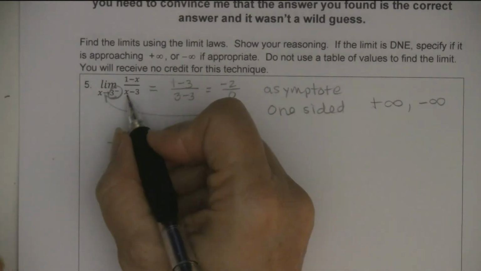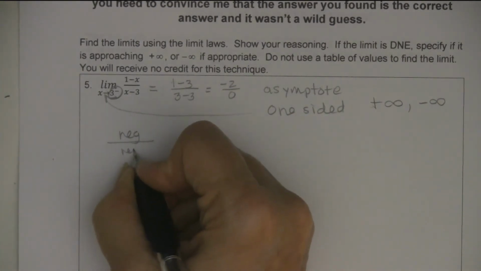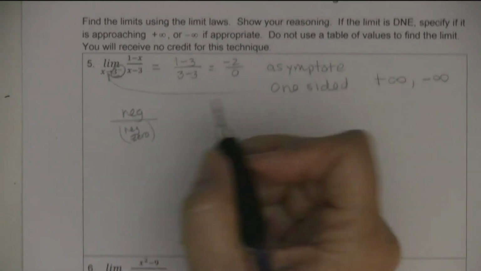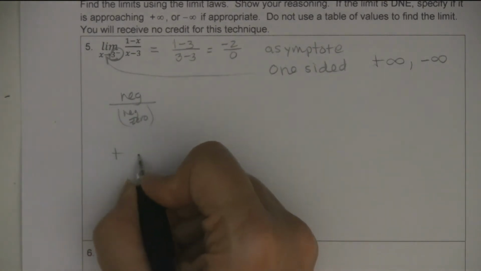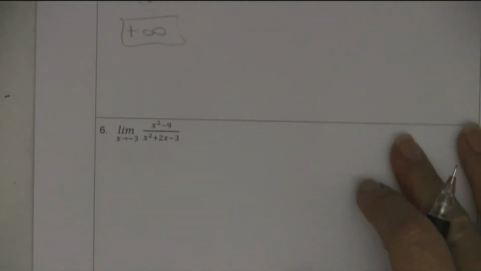And the denominator, slightly before 3, 2.9-ish, would be negative as well, but nearly 0. That's what makes it infinity, is that it's getting to 0. But what makes this positive infinity is it's negative divided by a negative. So this is positive infinity. And this is my reasoning why.